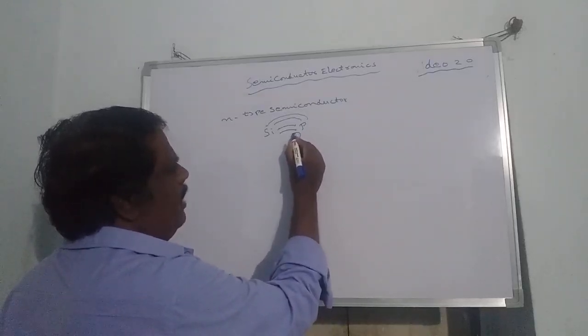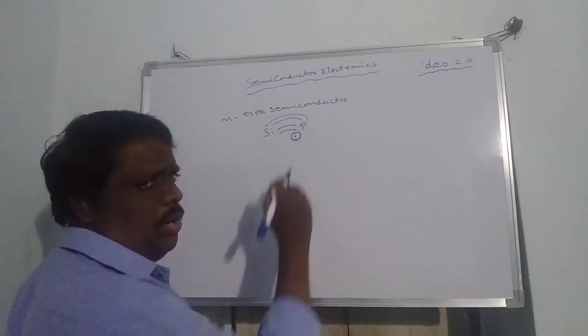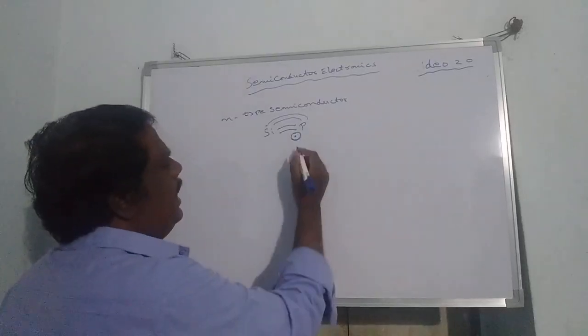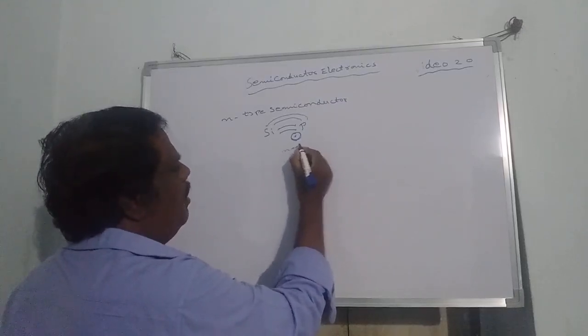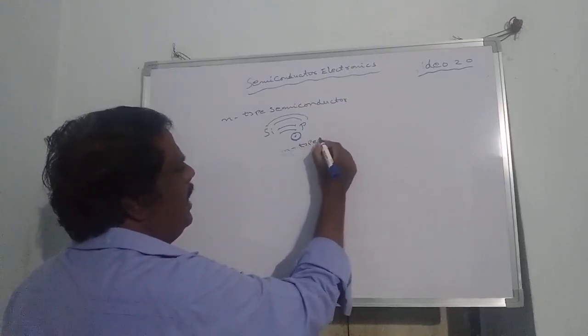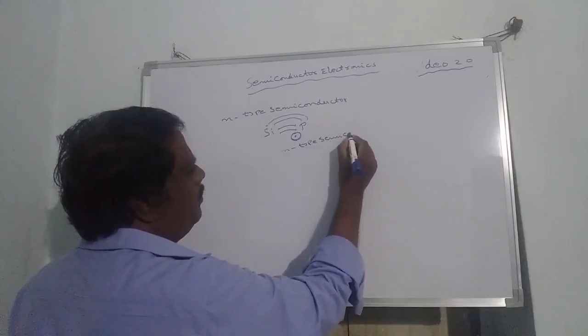This excess electron can be donated. These are called donors. So electrons are more here, and if electrons are more, then it will be called an n-type semiconductor.